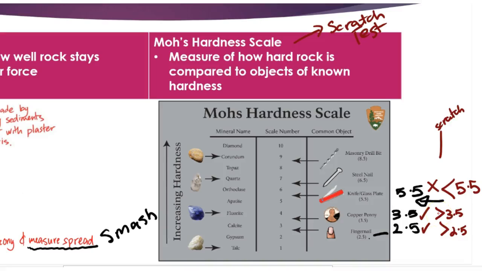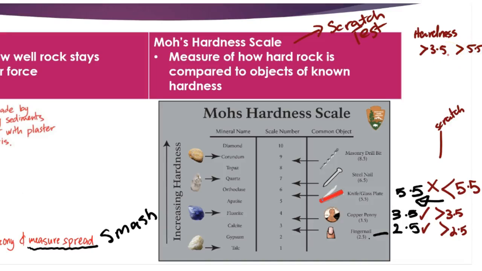So that means I'd be able to take my rock and say it has a hardness of somewhere between, I can't say this for sure, greater than 3.5 but less than 5.5. And that's how we get our measure of hardness.